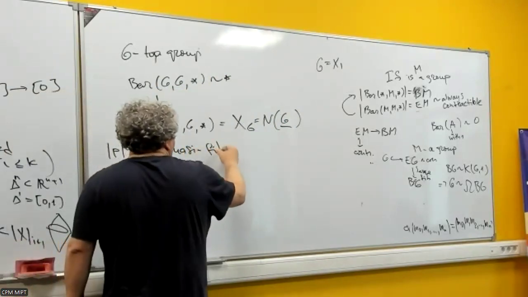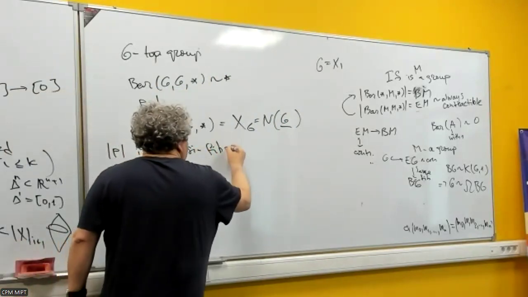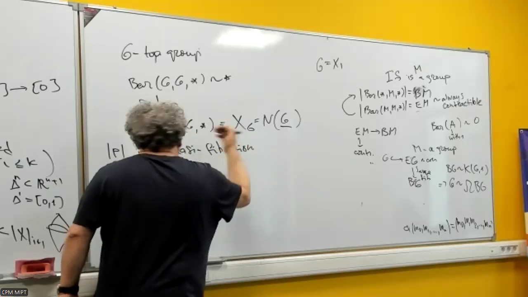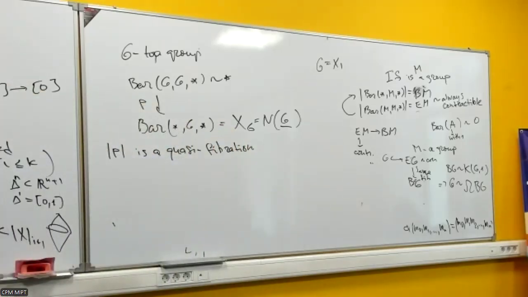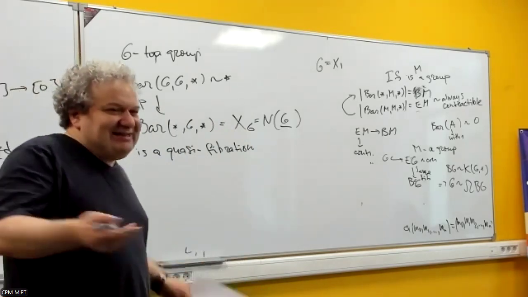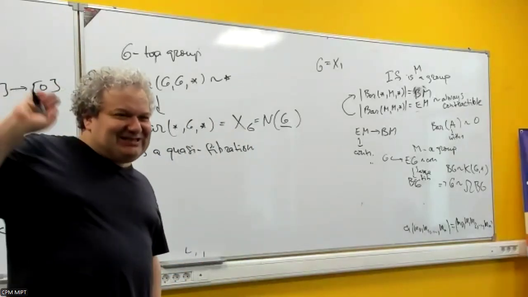I'm not going to go into detail, but it's something to do. It's not as immediate as that one. This second statement is even more complicated, because this is a particular case of something more general, where it's not a topological group but a topological group in an infinity sense. So I'll just stop this discussion of the theorem.